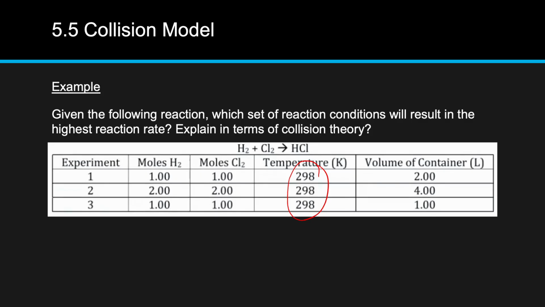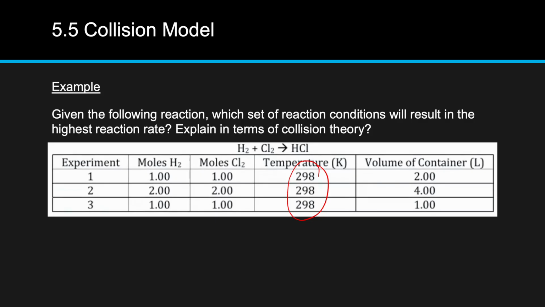I'm given moles of my reactants and I'm given volume. And I know that concentration is moles per unit of volume. So if I look at the concentration, I know that an increased concentration will give me a higher rate because that means I have more particles in the same volume.